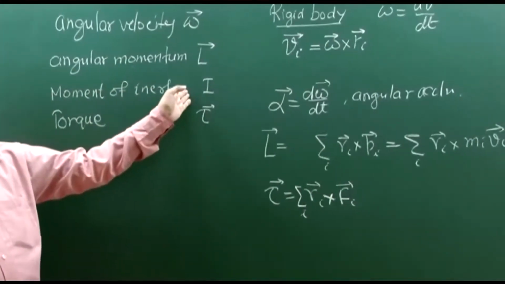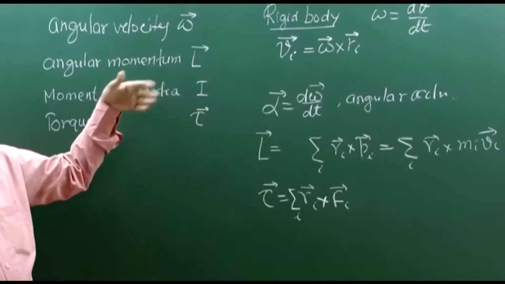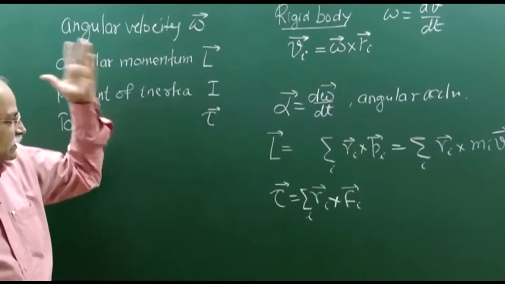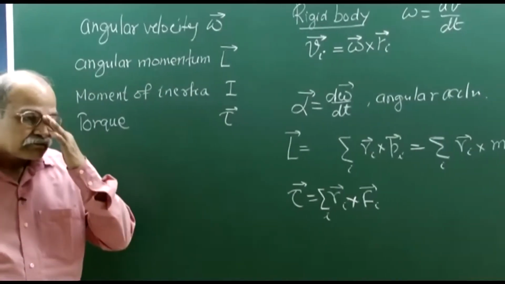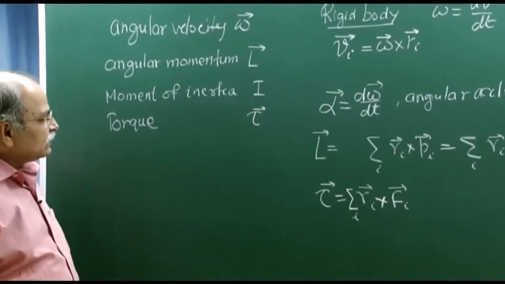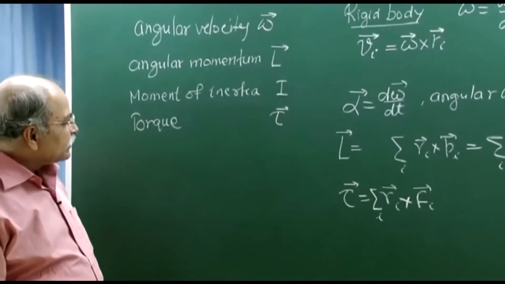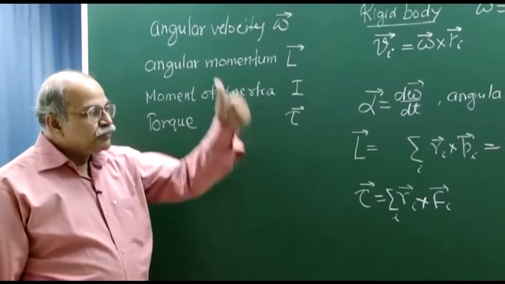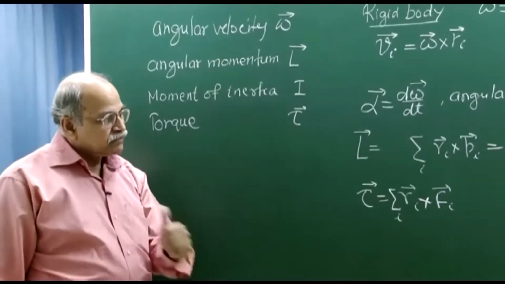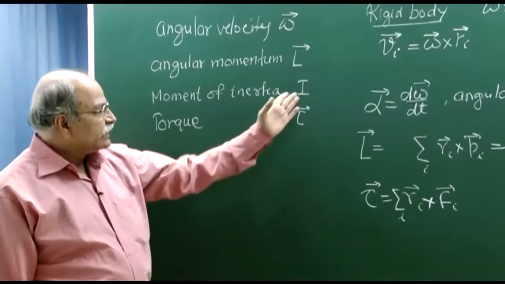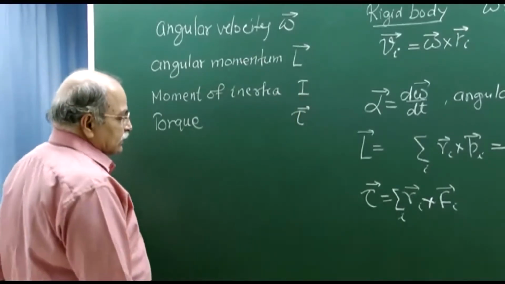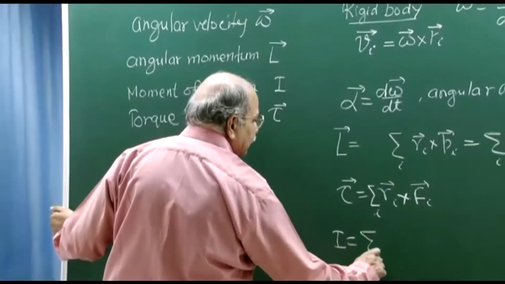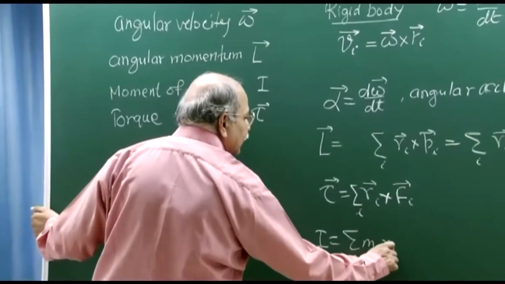Moment of inertia is something which is more tricky, and probably I will not be talking about this much. Some of the elementary textbooks define moment of inertia about an axis. They assume that the rotation is about a fixed axis of rotation, and then the definition of I is simple: summation over mi Ri square.